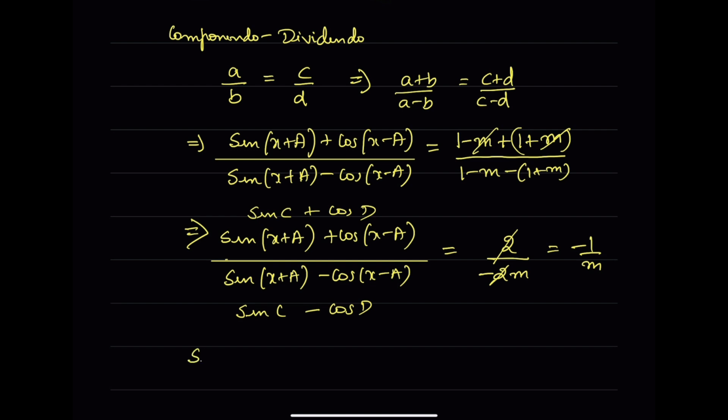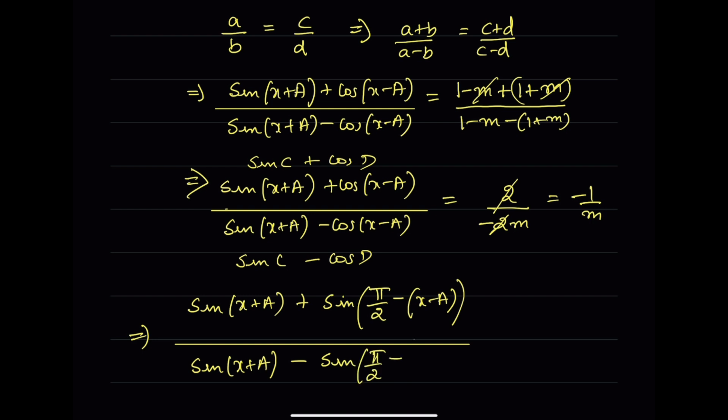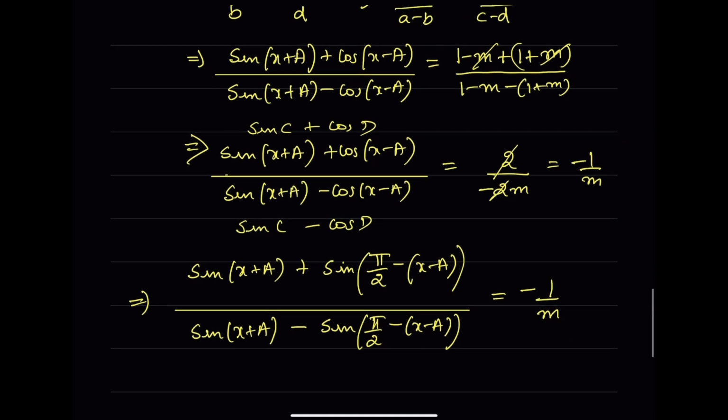Let's rewrite this as sine of pi by 2 minus x minus a, because sine of pi by 2 minus x is cos x. Similarly, let's apply the same logic in the denominator. We would get sine of x plus a minus sine of pi by 2 minus x minus a, and this is equal to minus 1 by m.